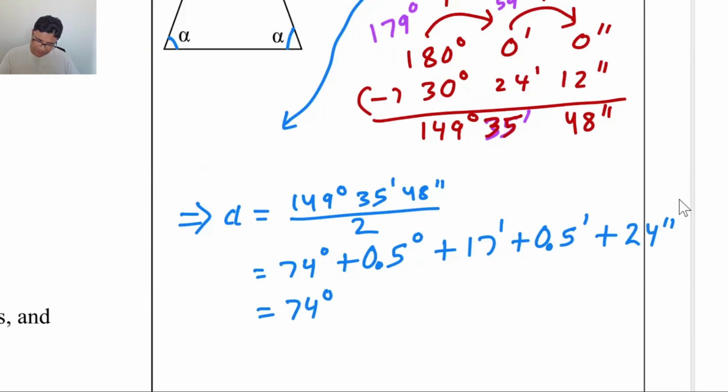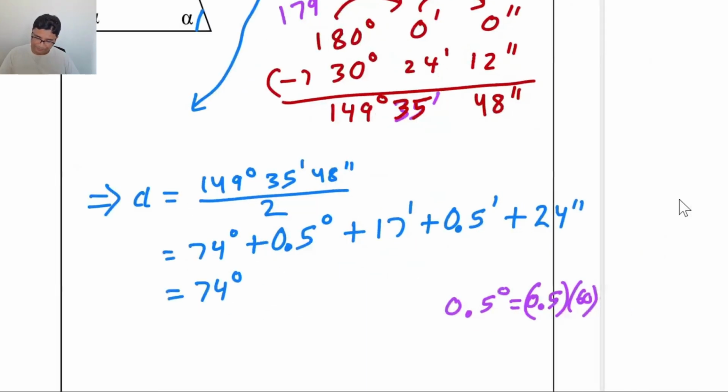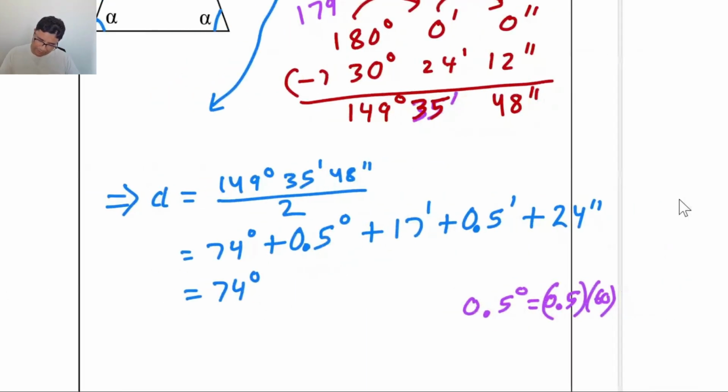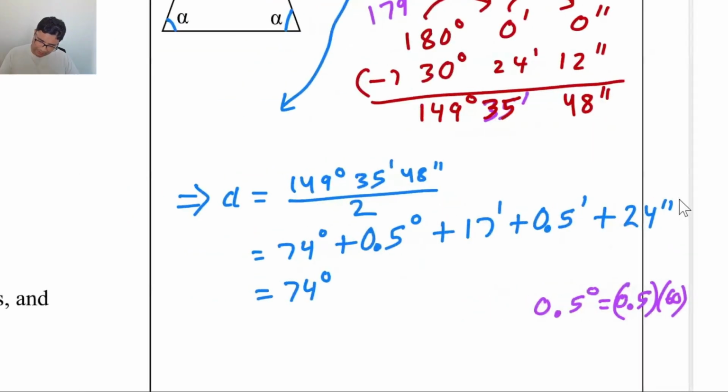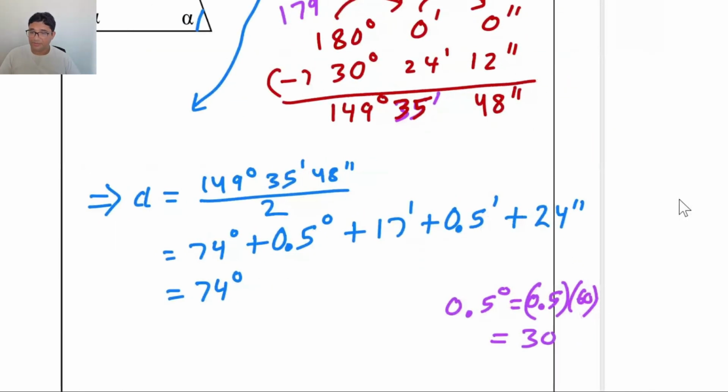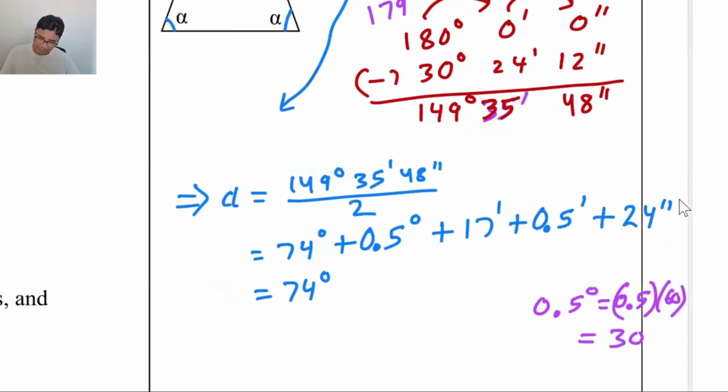And some work you can do on the side: 0.5 degree, you multiply by 60, and that will be 30. Sorry, it becomes minutes. So that will be 30 minutes.